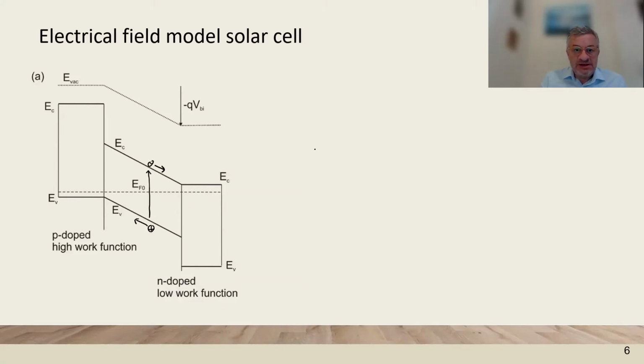As the voltage is increased, the band is becoming more flat, and finally, when it is flat, it will stop the production of photocurrent. So this is the operation of this model.